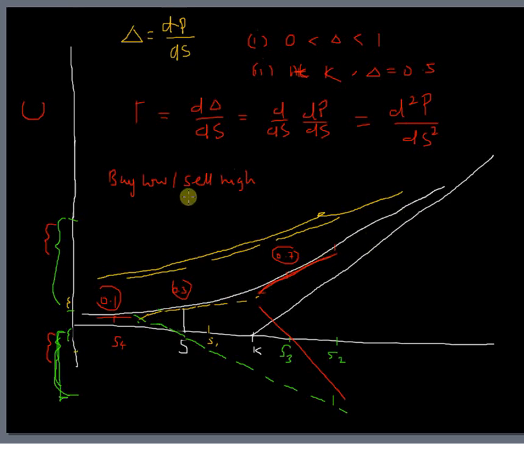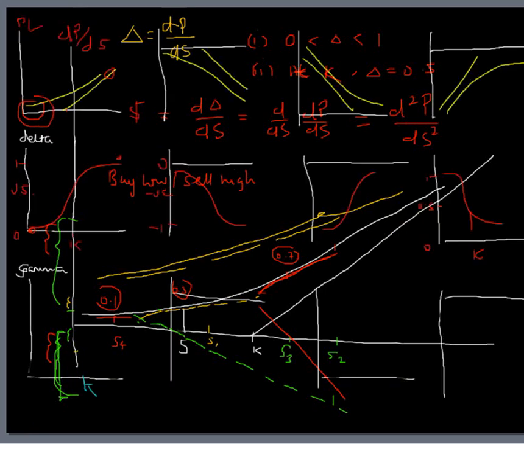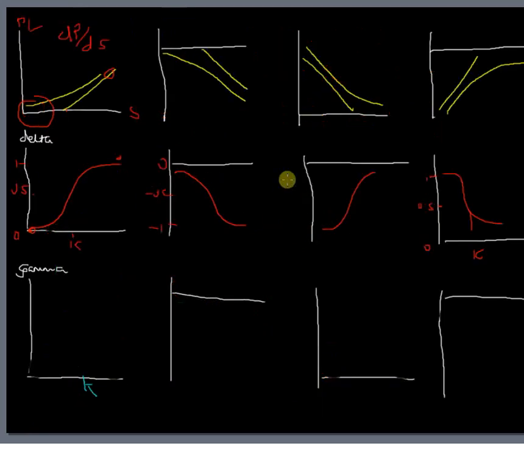Let's look at how the gamma curve looks. Just now we drew the delta curve. The gamma curve is given by the change in delta over change in spot. So in this delta diagram, the x-axis is S, the y-axis is delta.